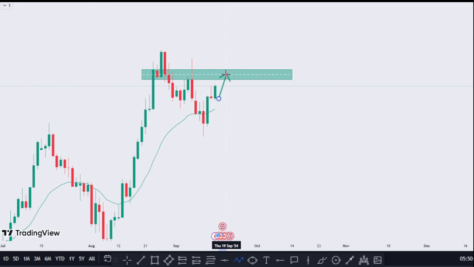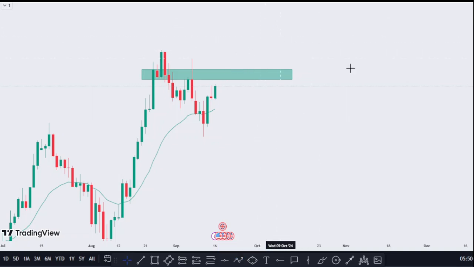Price is heading to this upper resistance. At this resistance, two things must happen. We're expecting the price to sell from here, from the resistance, or price action should break the resistance to the upper side. Then we wait for a pullback here so that we can take a buy opportunity.